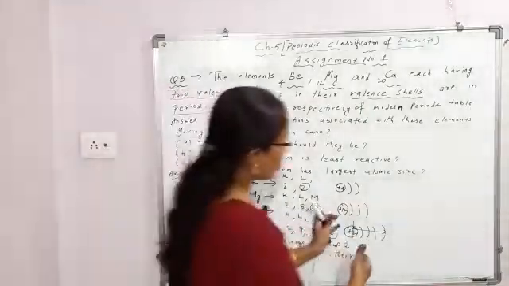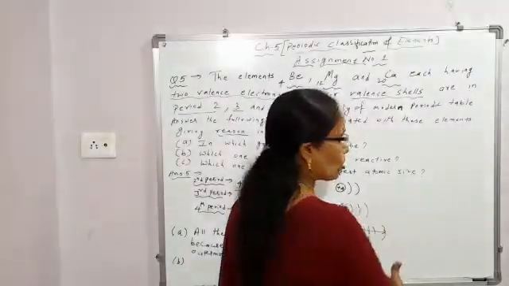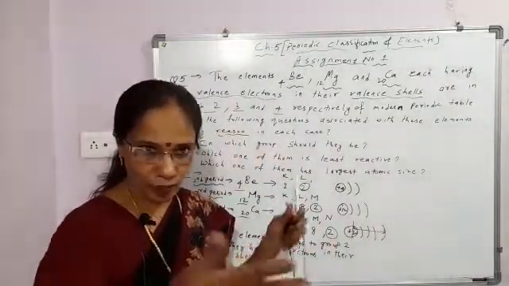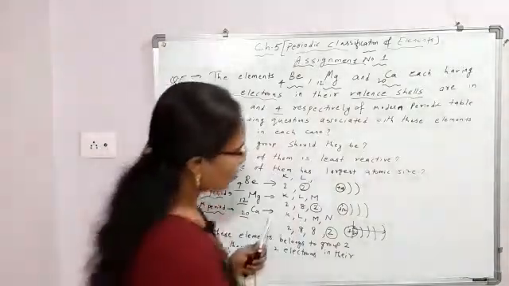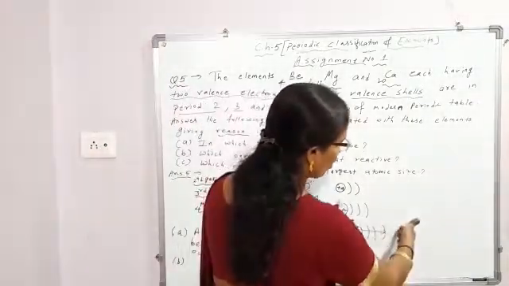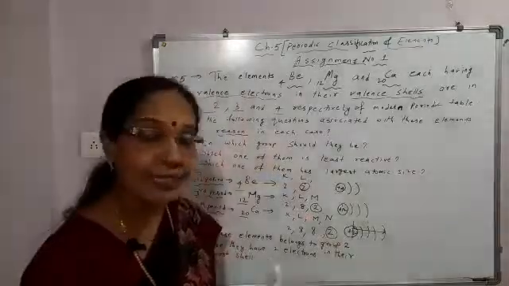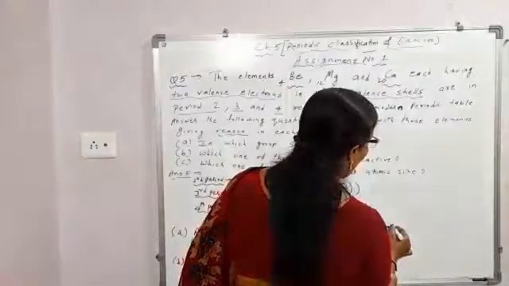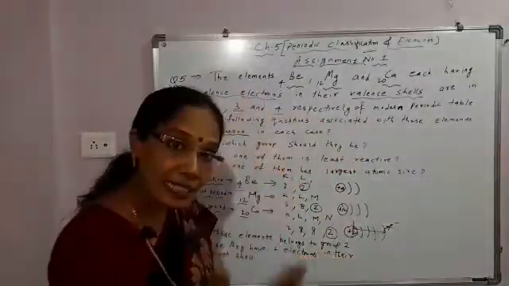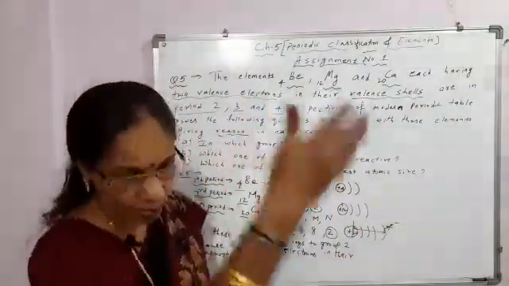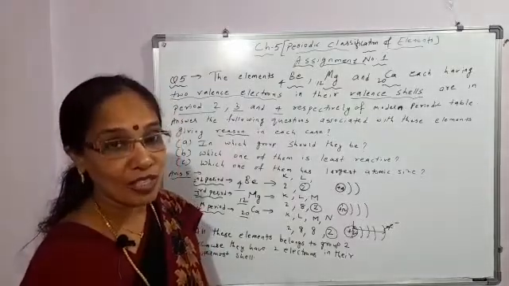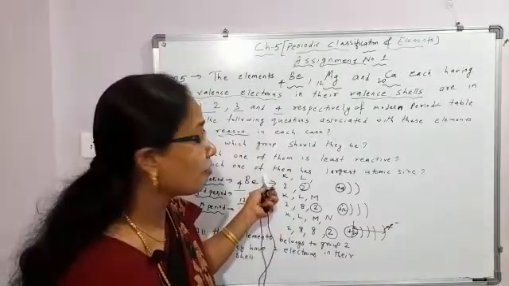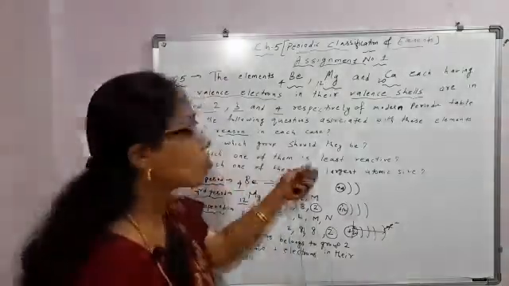So distance between the nucleus and electron in the outermost shell increases, means atomic size increases. And when atomic size increases, force of attraction between nucleus and electron in the outermost shell decreases. So tendency of the element to lose electron and form positive ion increases, means metallic character increases as we move down the group. So which is most reactive out of the 3? Calcium. And which is least reactive? Beryllium.